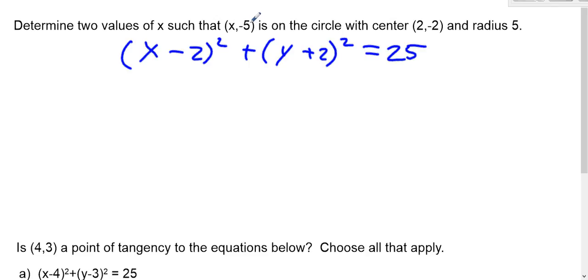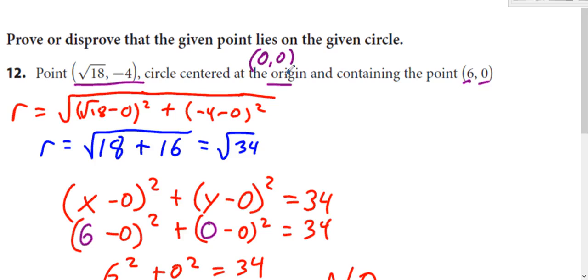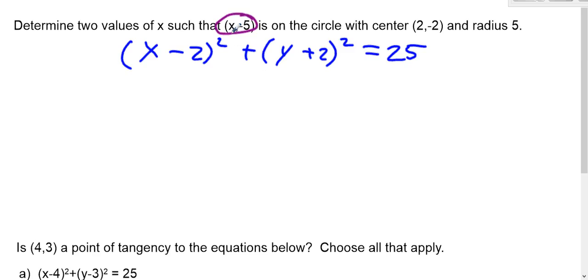And then we need to find two values of x such that (x, -5) is on the circle. So that means we're plugging in. It's kind of like when we were testing to see if this point was on the circle, we plug it in. We're doing the exact same thing, but we're going to keep x in the equation. So we're keeping x where x was, but we plug in the negative 5 for the y.